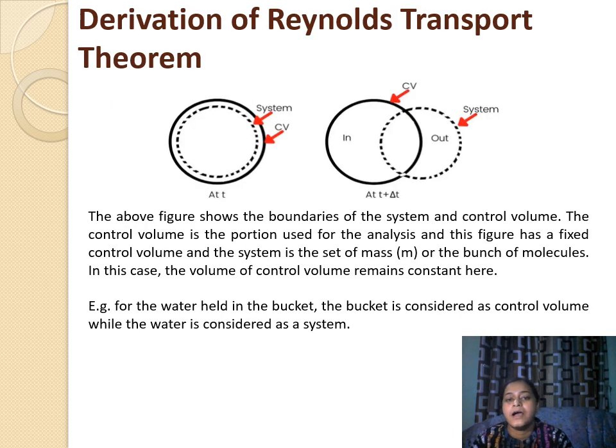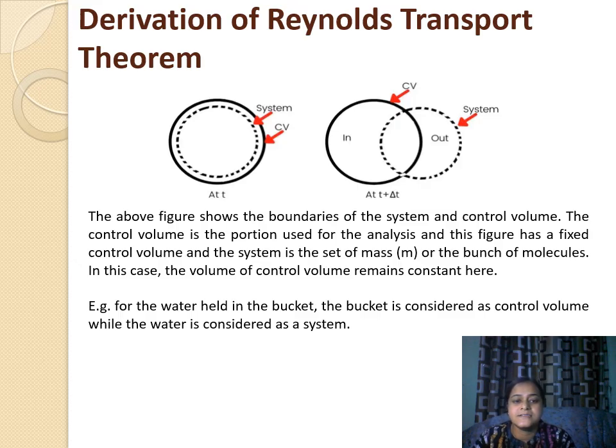After that, I derive the Reynolds transport theorem. The figure shows the boundaries of the system and the control volume. The control volume is the portion used for the analysis, and this figure has a fixed control volume, and the system is a set of mass small m or bunch of molecules.